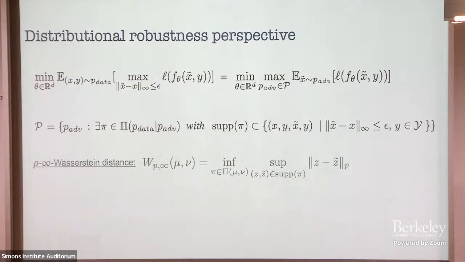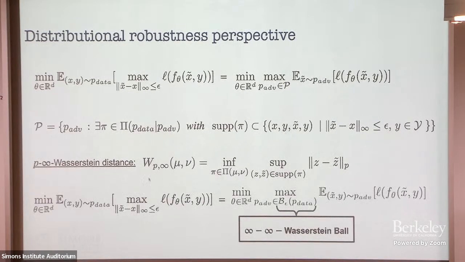Once we have this, we can realize that this exactly corresponds to what is called the infinite Wasserstein distance. So it's basically the infinite Wasserstein distance with respect to the L infinity norm. And what we got at the end is this very nice equality between adversarial robustness, adversarial training and basically distributional robustness with respect to this ball.